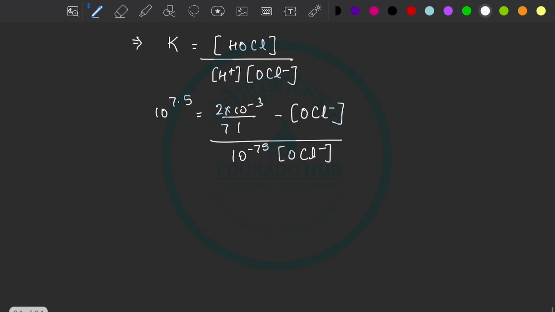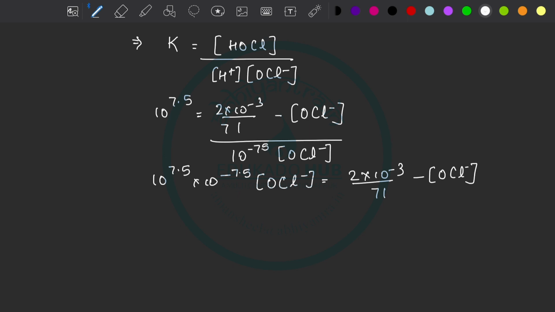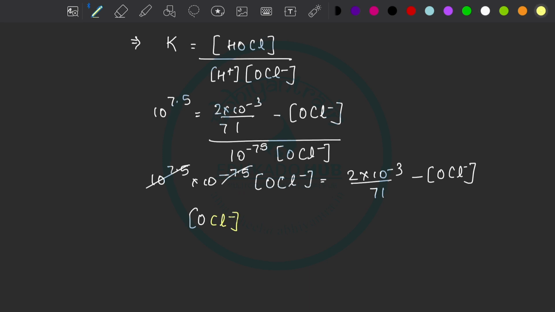So if I cross multiply, 10 to the power minus 7.5 into OCl minus is nothing but 2 into 10 to the power minus 3 upon 71 minus OCl minus ion concentration, and this gets cancelled out. I get OCl minus concentration, and if this minus also I take this side, so OCl minus plus OCl minus, 2 OCl minus, is equal to 2 into 10 to the power minus 3 upon 71. 2 and 2 cancel out.